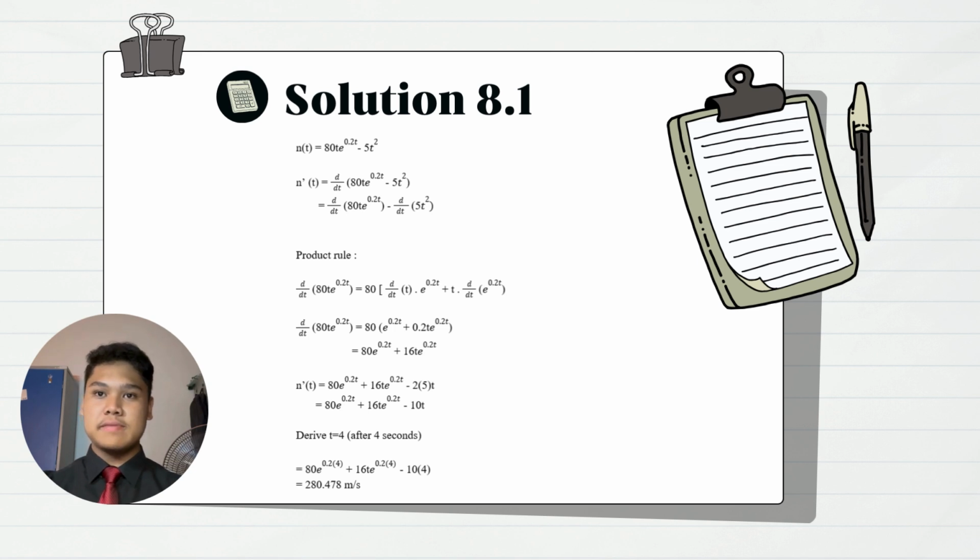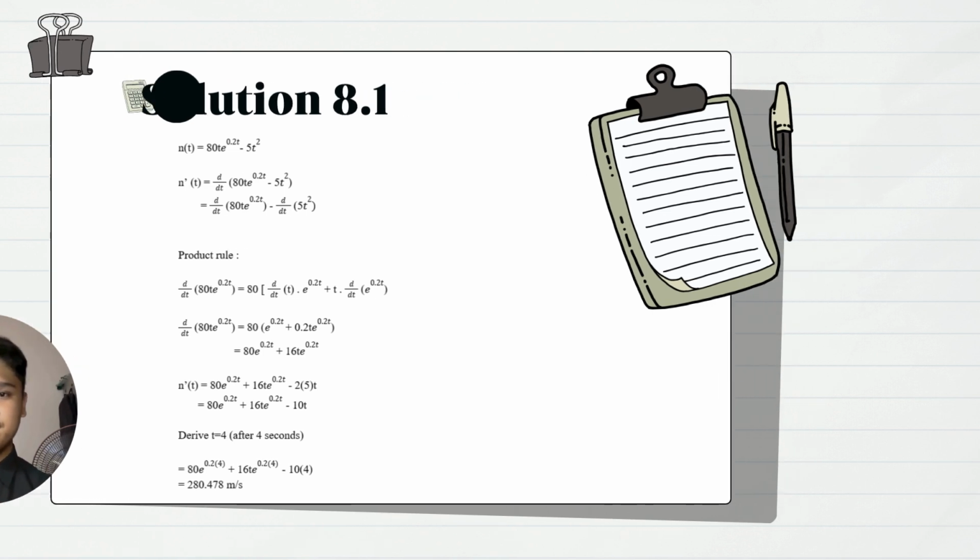So we have to substitute t with 4. So it's going to be 80 e to the power of 0.2 times 4 plus 16 times 4 e to the power of 0.2 times 4, and lastly negative 10 times 4. And approximately we will get 280.478 meters per second. That's all from me. Thank you.